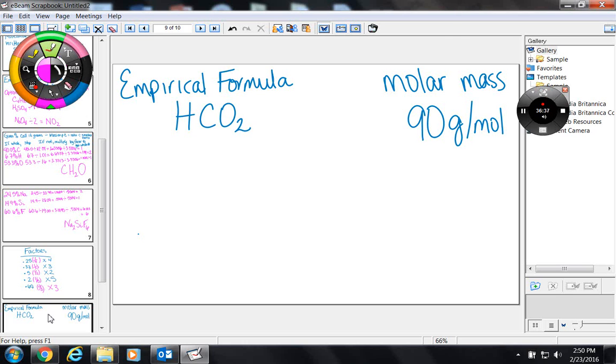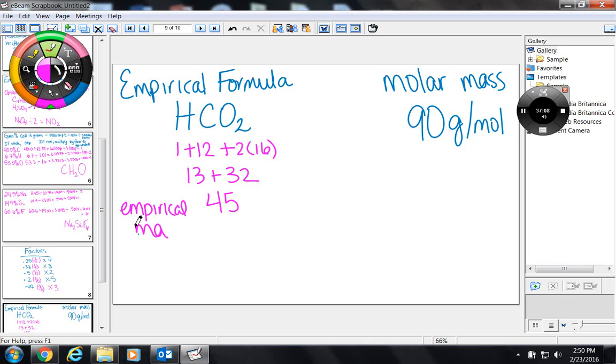What's the mass of carbon? 12.01, so I'm just going to say 12. What's the mass of oxygen? 16. How many of them do I have? 2. So 2 times 16. That's 13 plus 32, which is 45. So the empirical formula mass is 45 grams per mole.